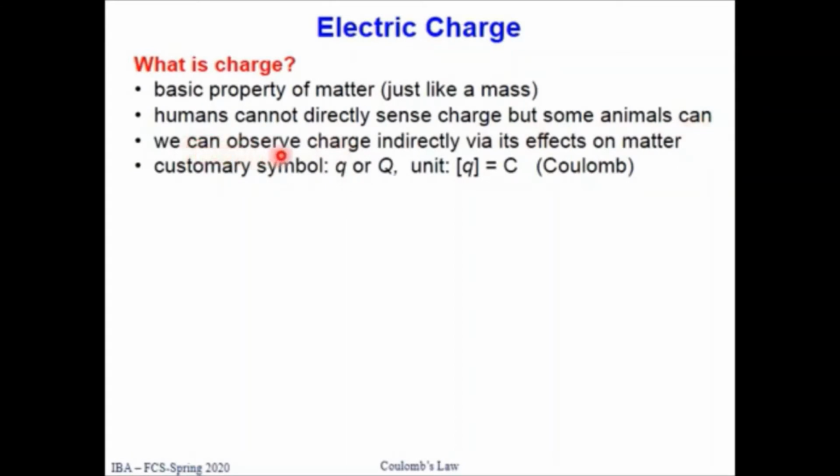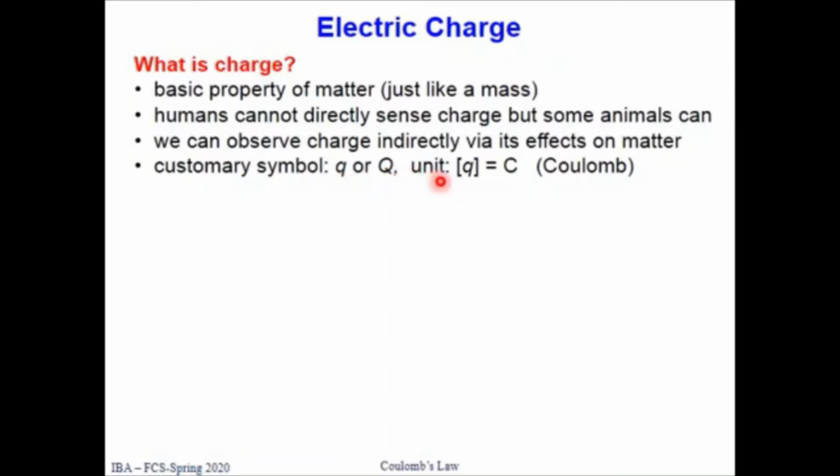We can observe charge indirectly via its effect on matter, and symbolically it is sometimes represented by small q and sometimes by capital Q. Depending upon your comfort, you can use whichever you want.